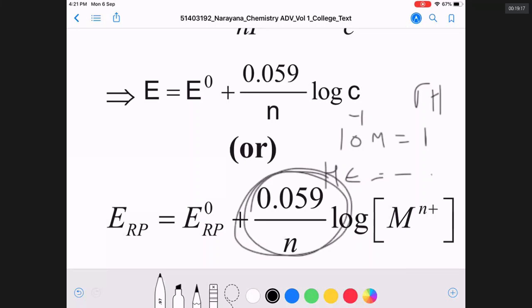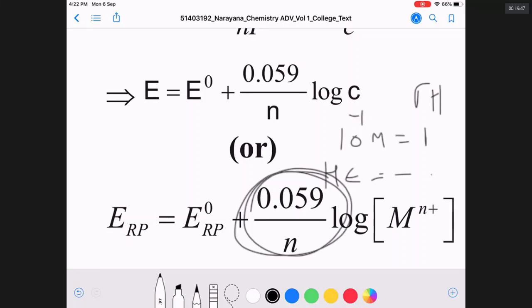That is a shortcut formula. The hydrogen electrode potential always changes with pH. This is a previous IIT question: when the pH of a hydrogen electrode is equal to 10, what is the hydrogen electrode potential? The answer is minus 0.059 into 10, which is minus 0.59.